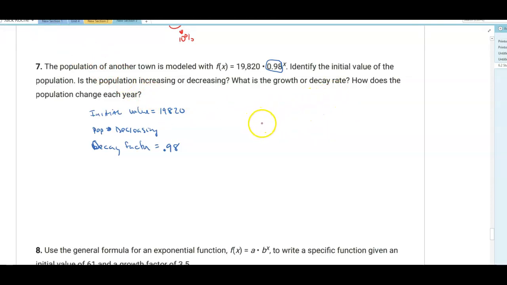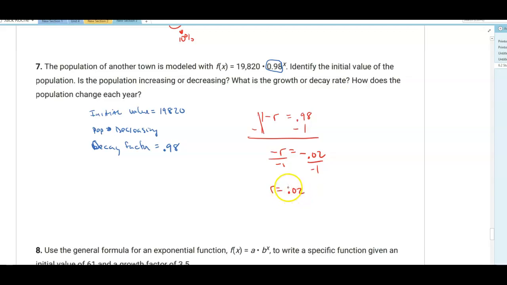So when they ask how the population changes each year, what I have to notice is I know it's decreasing, but by how much? Well, if 1 minus the rate, meaning the percent, is equal to 0.98, hypothetically, if I solve for r, I would get negative r equals negative 0.02, and when I divide by negative 1, my rate would be 0.02.